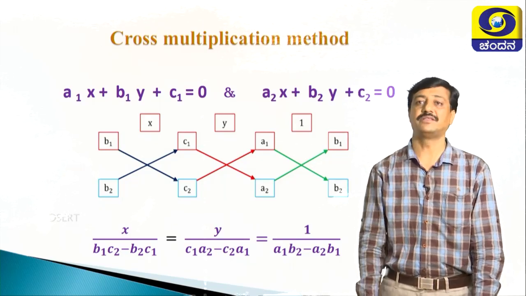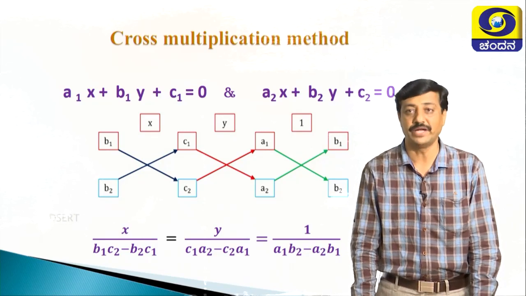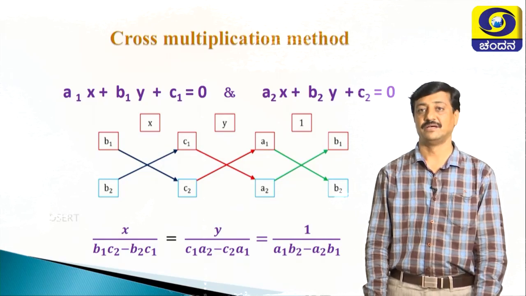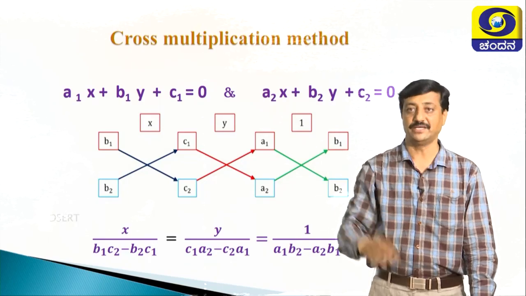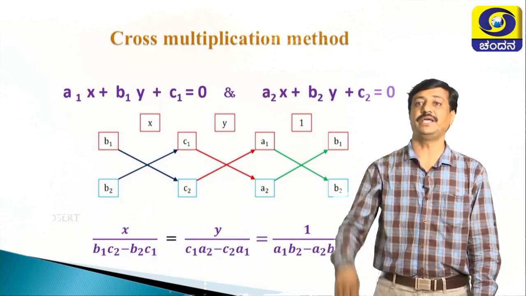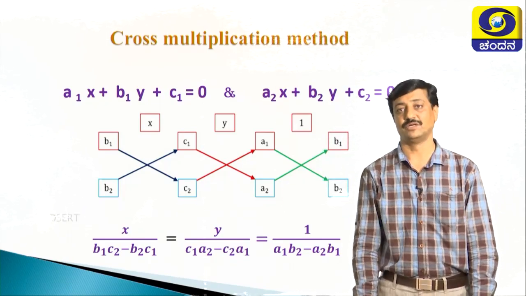These are the three ratios and are very important to arrive at the values of x and y. After comparing the first ratio with the third, you get the x value. Again, by comparing the second ratio with the third, you will get the y value.